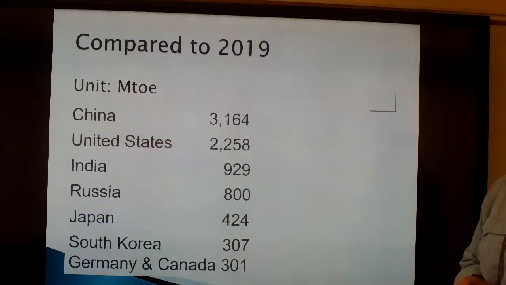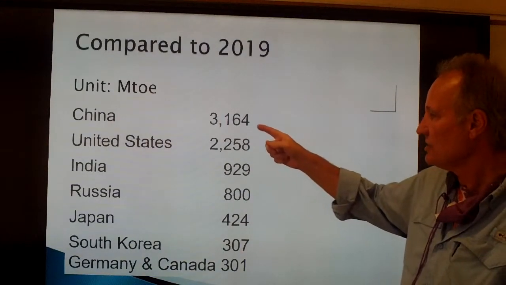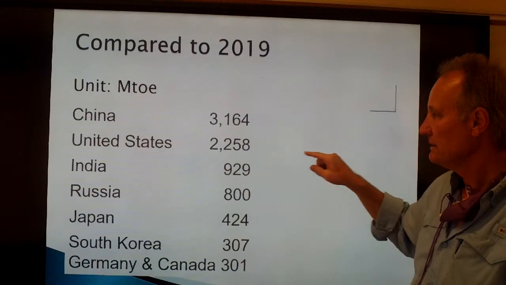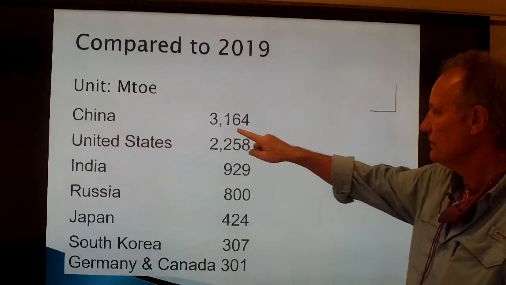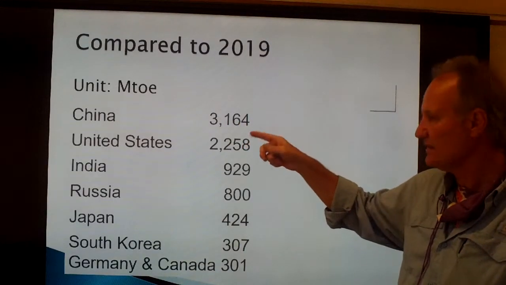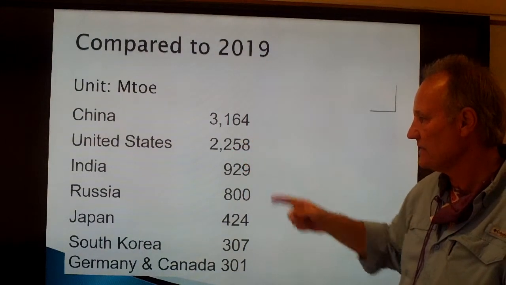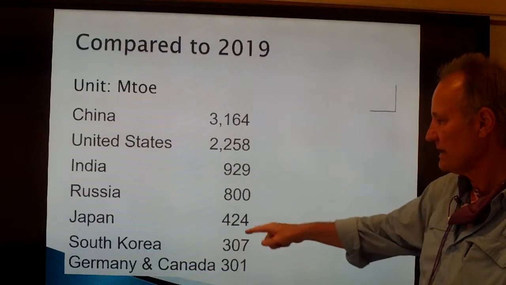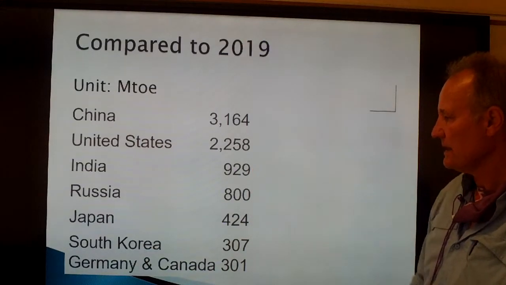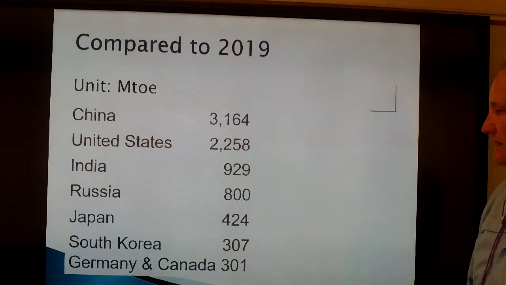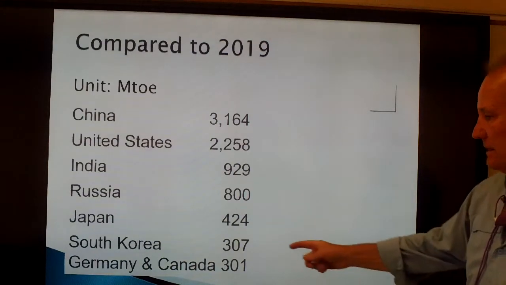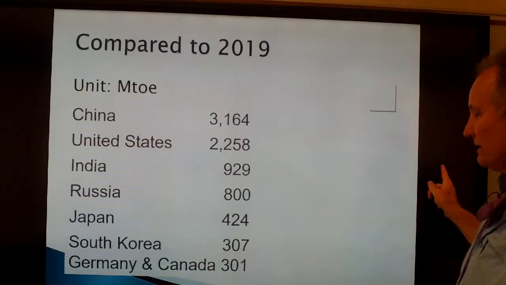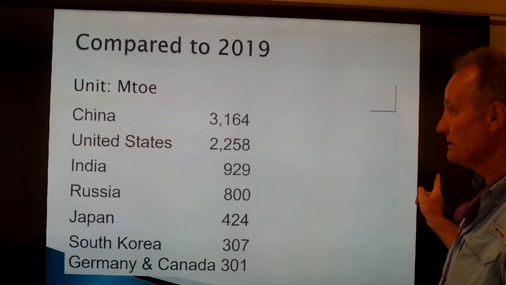If we look at it in 2019, China has gone up to 3,164, so not much of an increase. The United States has gone up to 2,258. Again, India, Russia, and Japan are in the same position. Certainly India has bumped up a little bit, as has Russia and Japan. Germany and Canada are down at 301 million tons of energy.